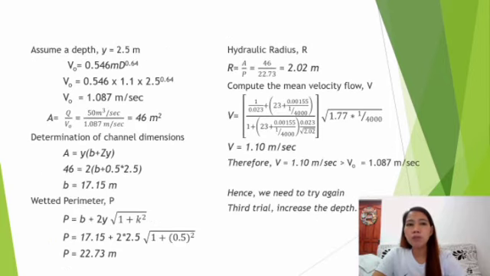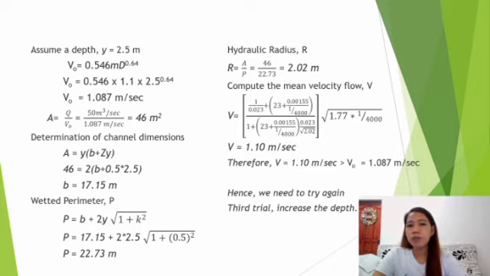So now let's assume that the depth is 2.5 meters. Using Kennedy's equation for the critical velocity, there we have 1.087 meters per second. Second is to get the cross-sectional area. Then after that, determine the channel dimensions to get the value of P, B, and the hydraulic radius.